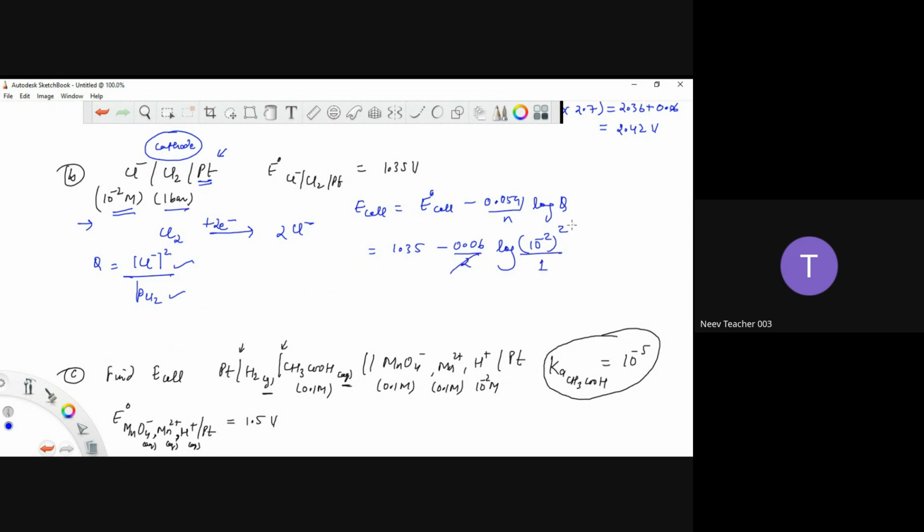So the 2 cancels out, and log 10 to the power minus 2 is minus 2. That becomes plus. Yes, somebody has a doubt?